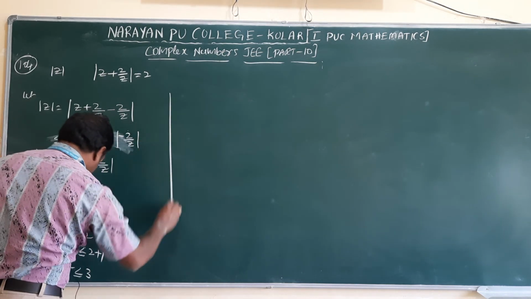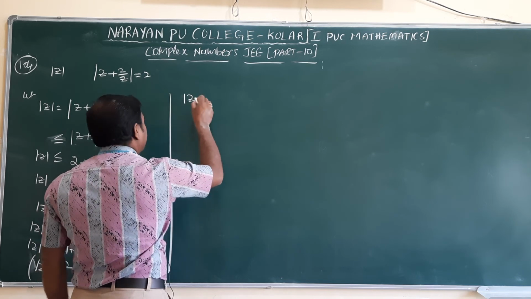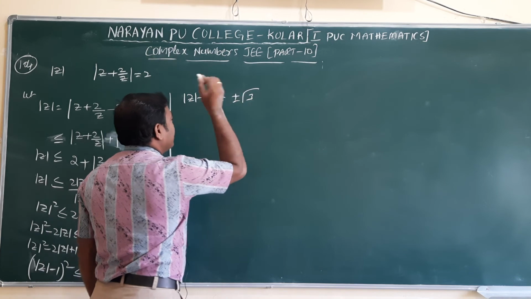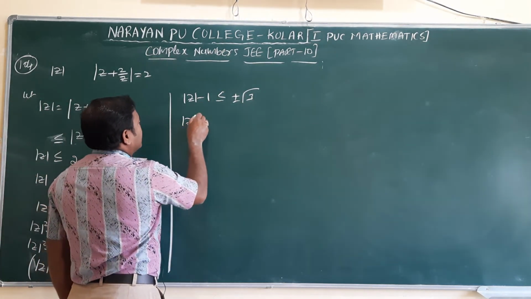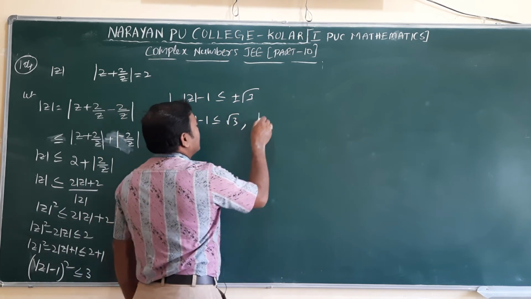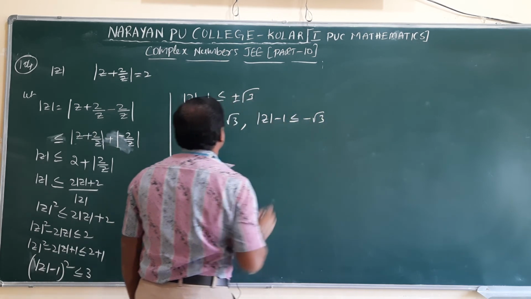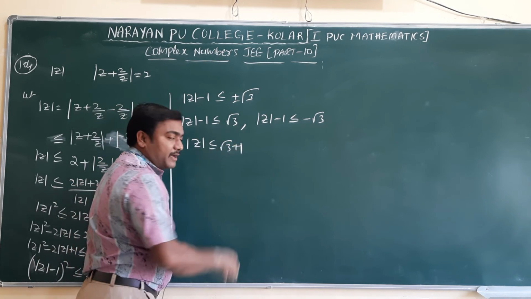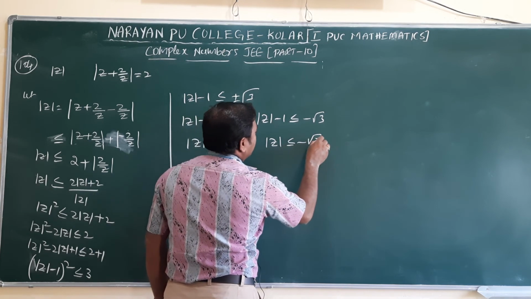Now modulus of z minus 1 is less than or equal to plus or minus square root of 3. So modulus of z minus 1 is less than or equal to root 3 and modulus of z minus 1 is less than or equal to minus root 3. Now mod z is less than or equal to root 3 plus 1 and mod z is less than or equal to minus root 3 plus 1.